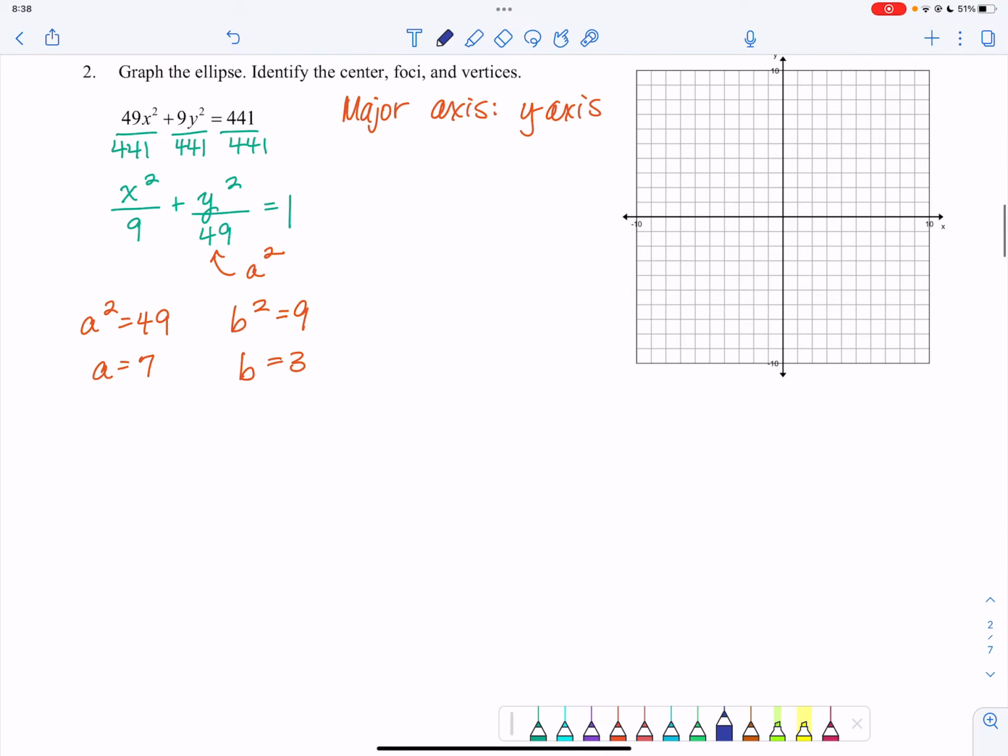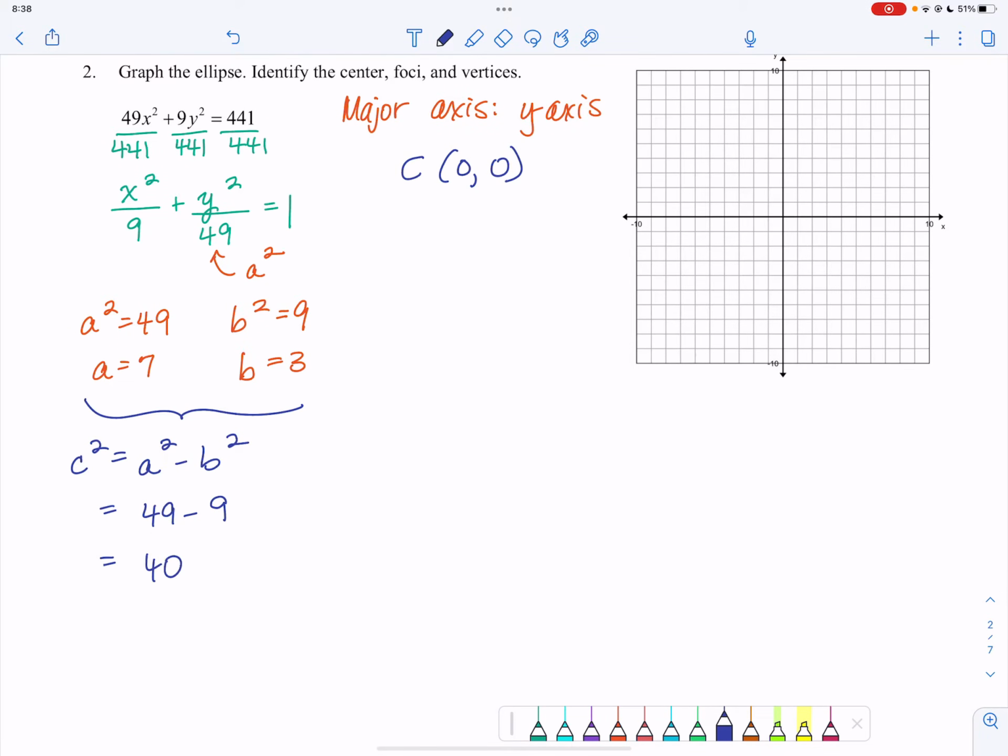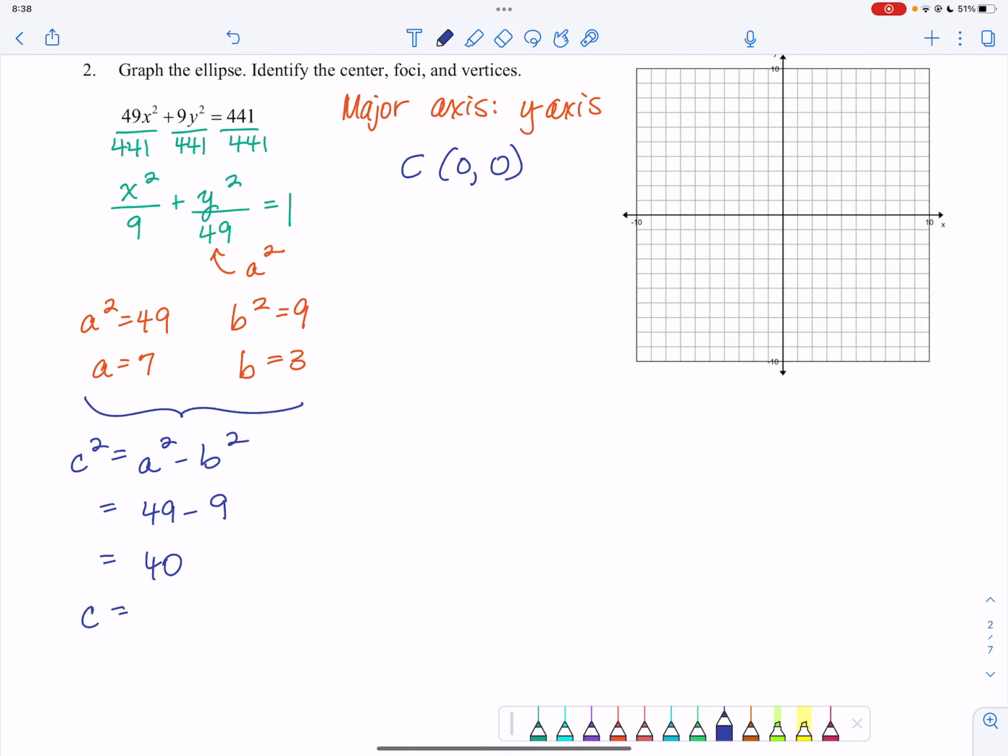Okay, so we have a center of 0. Now we can go ahead and compute c squared is equal to a squared minus b squared, which is 49 minus 9, which is 40. So c is equal to the square root of 40, which is equal to 2 root 10, and that's about equal to 6.3.